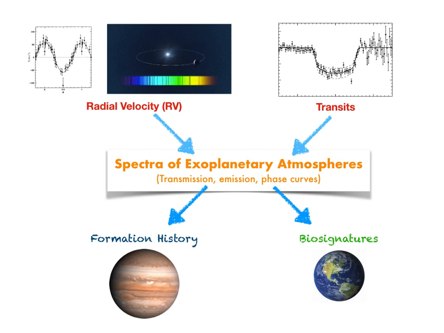So two of the workhorse techniques in exoplanet science are the radial velocity method and the transit method. The radial velocity method is the idea that the star and the planet orbit a common center of mass, so that as the exoplanet goes around, the star actually doesn't stand still, but it wobbles about this center of mass, which is typically inside the star itself, but not exactly at its center.